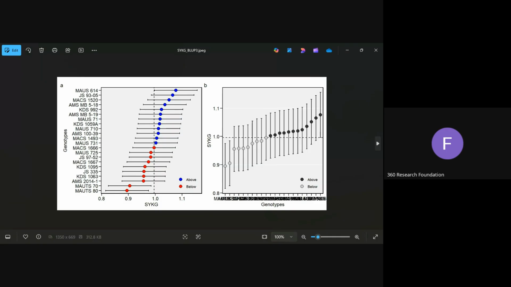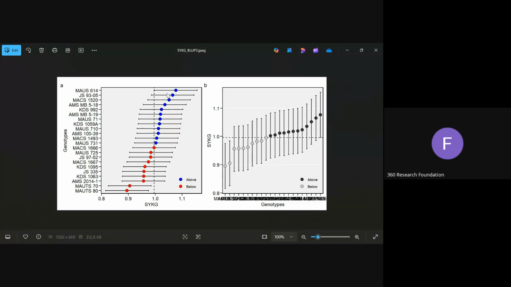This is the ranking of genotypes based on genotypic performance: which genotypes are above average and which are below average.